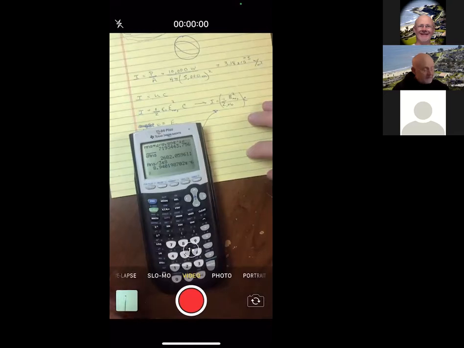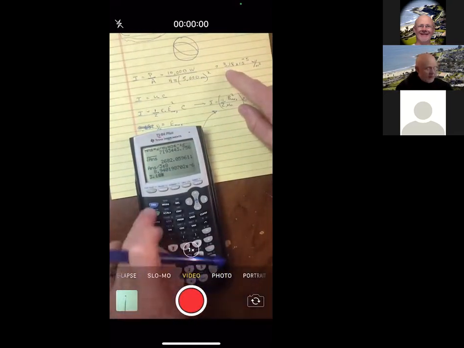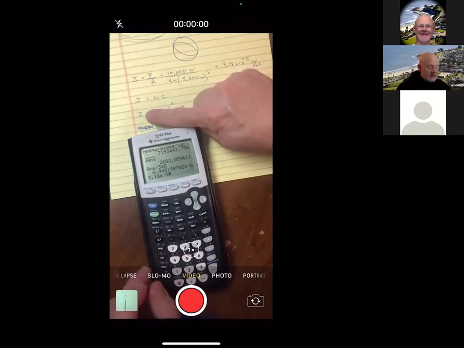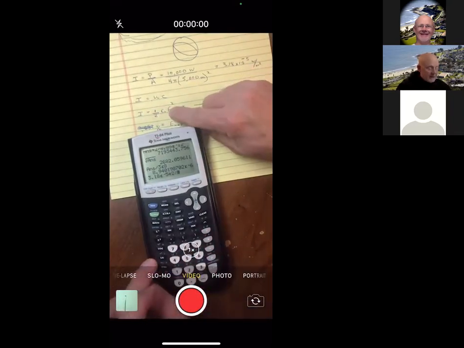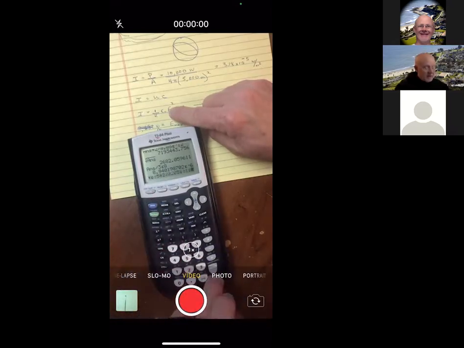All right. Okay, so intensity. So 3.18 times 10 to the negative 5. So that's the intensity. Then I multiplied by 2. Then I divided by 8.85 times 10 to the negative 12.